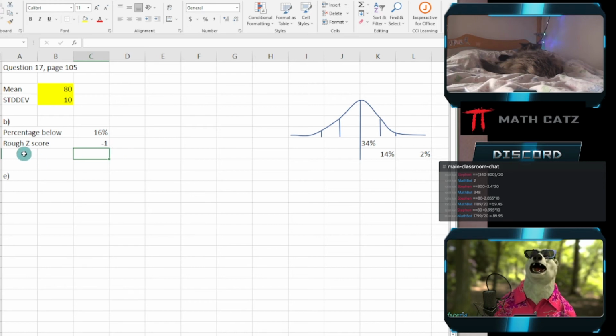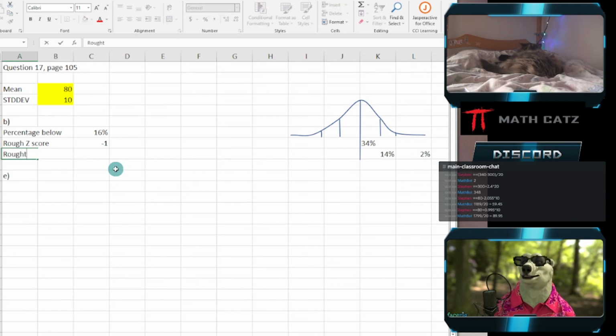And then I want to say what is the corresponding, still rough, raw score, let's call it X. For that, I will use the formula, of course, the mean plus the z-score times the standard deviation.